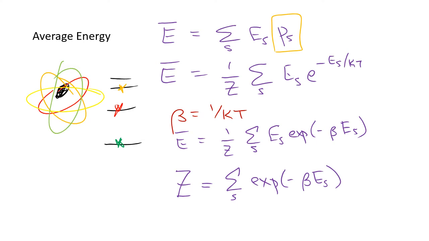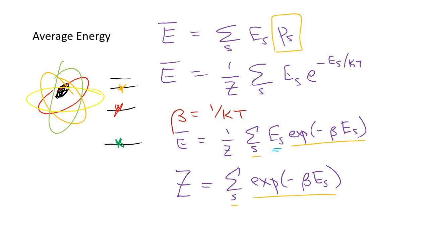Okay, now we notice something interesting, that this average energy has an e to the minus beta E_s in a sum. The partition function has an e to the minus beta E_s in a sum. The two differ really only by this energy of a state that comes in front.